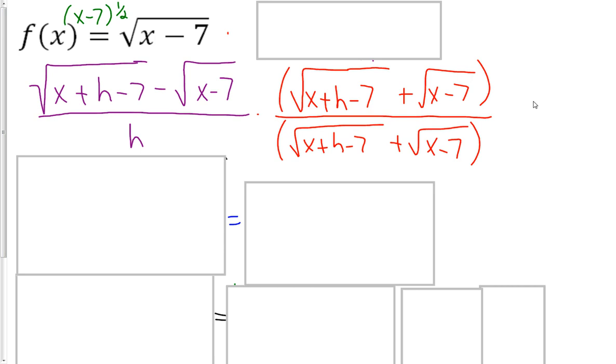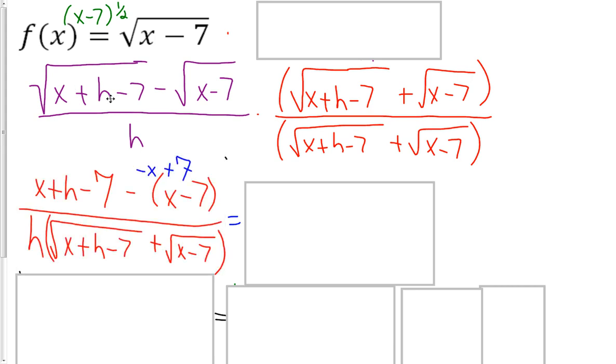So to rationalize the numerator, we're going to multiply by the conjugate in both numerator and denominator. And then what are we going to get, right? When we multiply, a squared minus b squared: this is squared, square root goes away. This is squared, square root goes away, but the negative is going to distribute to both pieces. So that's what we have here.